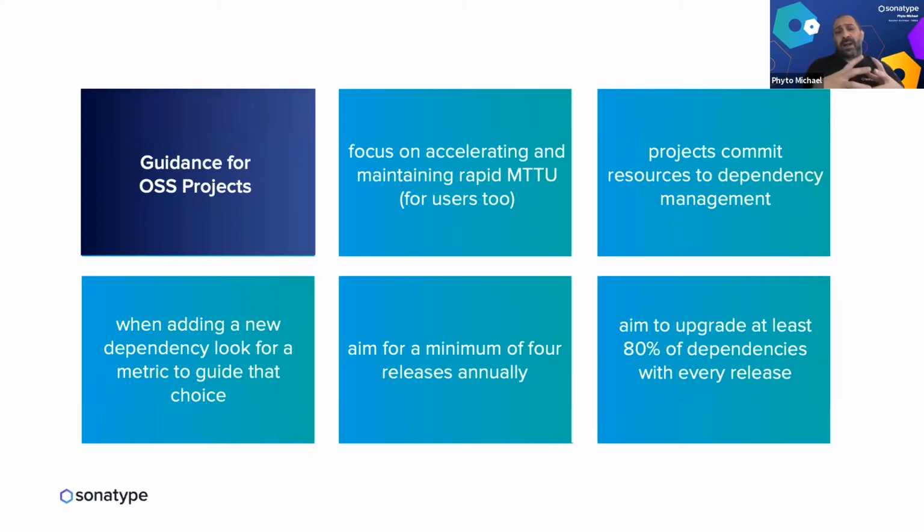When we offer guidance around open source projects, we look at how fast they accelerate and maintain their MTTU, mean time to update, how often they do project commits, and when there are dependencies, do they look at the transitive dependencies?